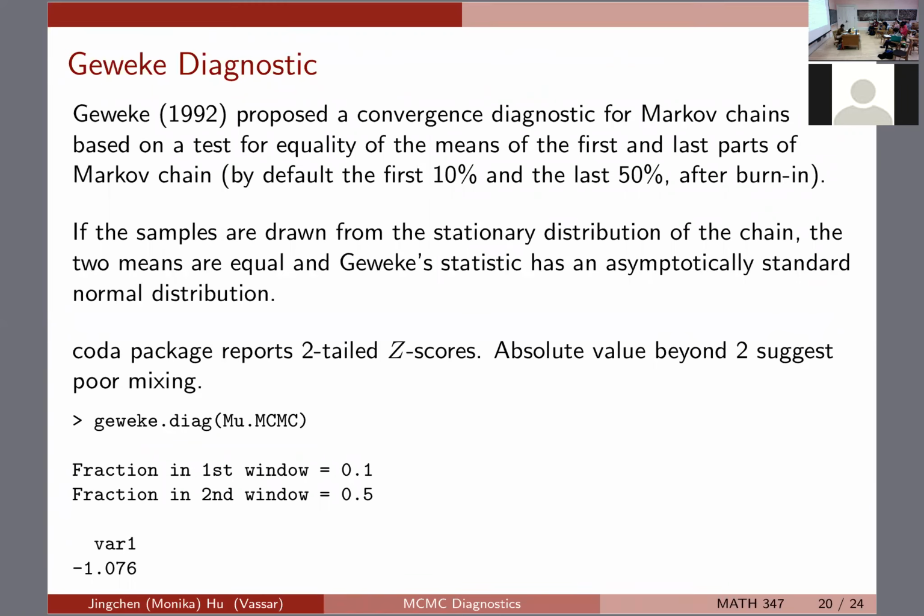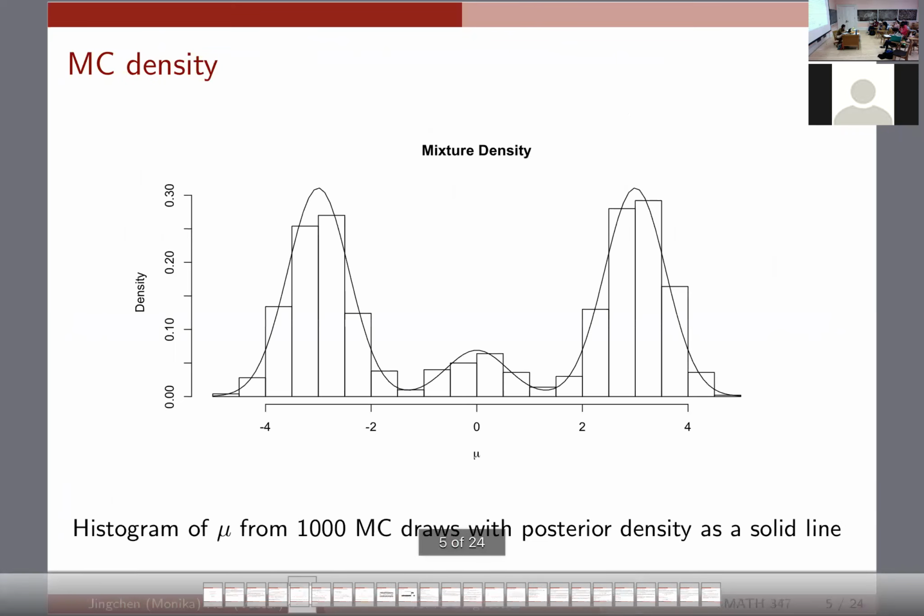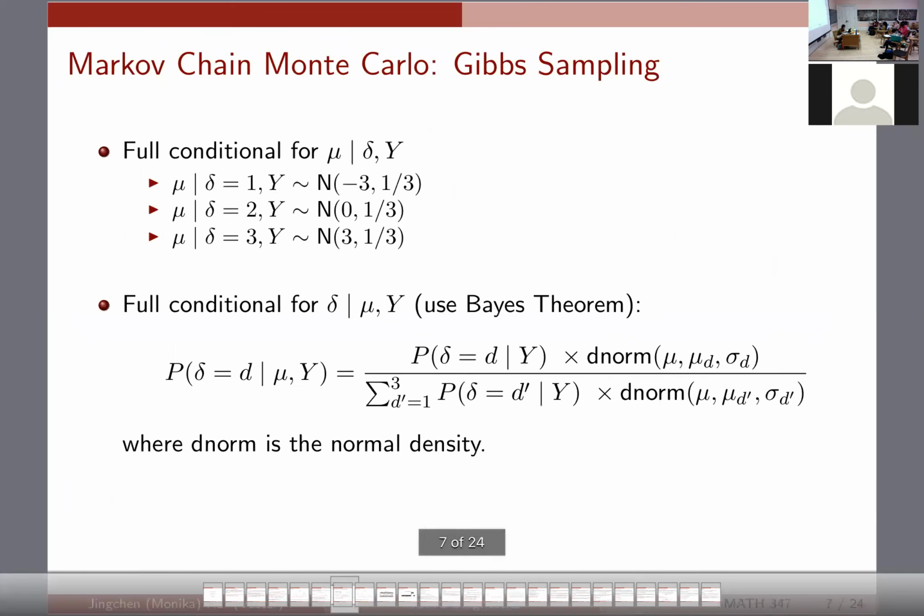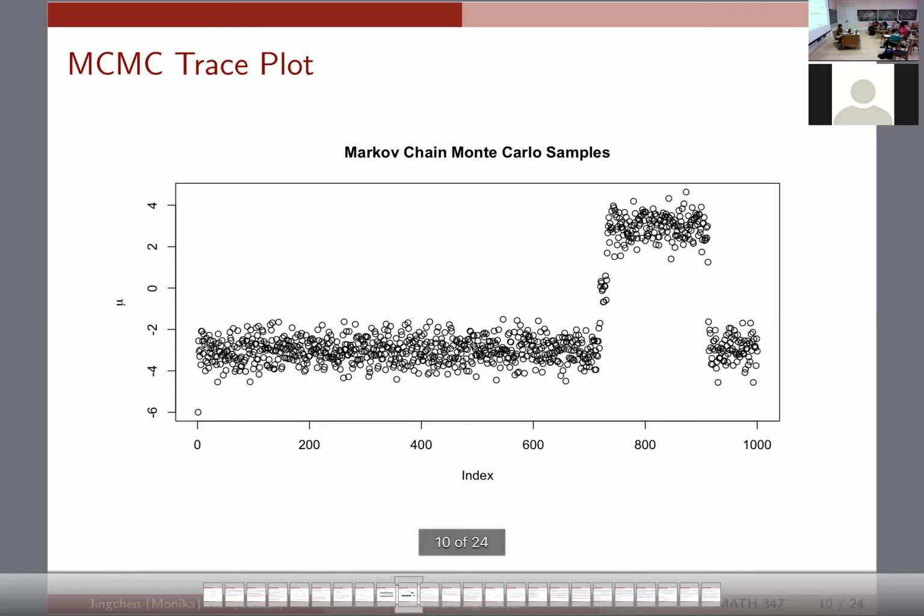And this is kind of ironic in some sense. If you go back and look at this, the chain started around -3, and then for a while went somewhere else and then came back. So a chain like this maybe wouldn't show badly in the Geweke diagnostic, but if you look at other measures, it's not good.